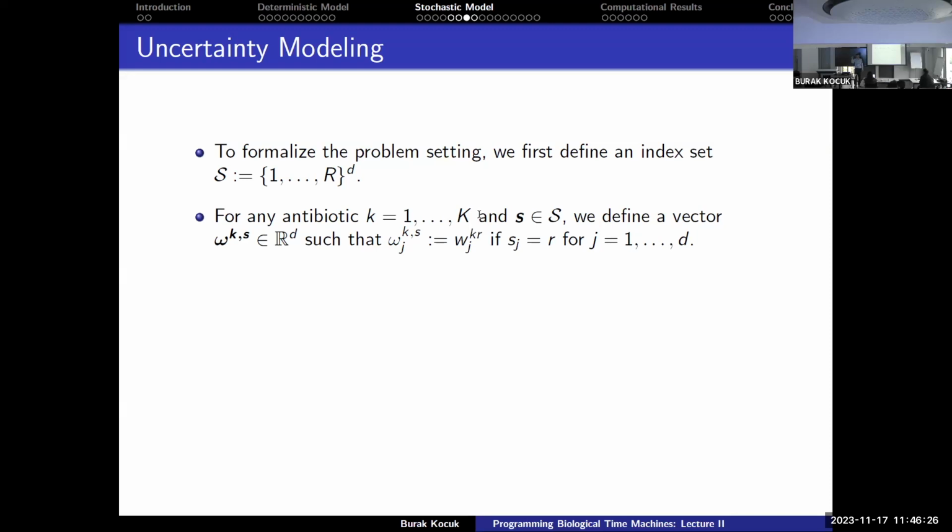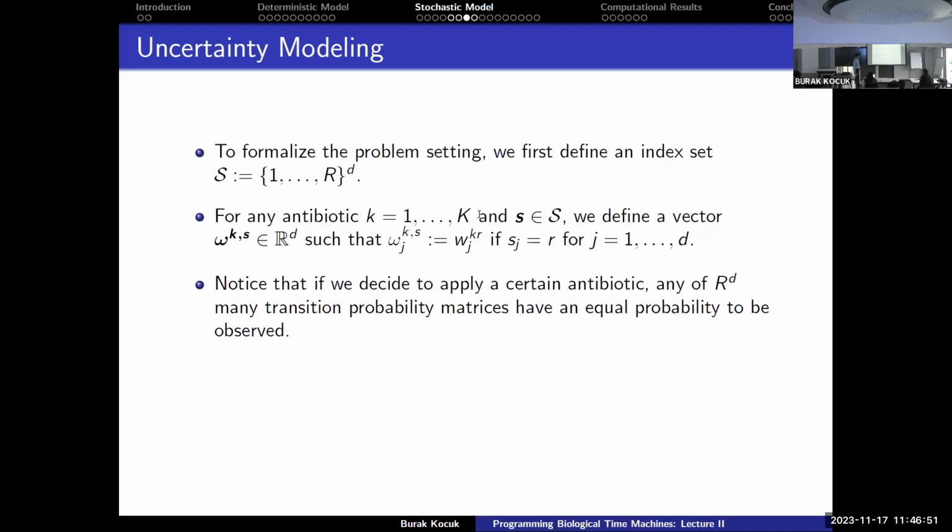For the second genotype, I repeat the same procedure, and so on. This way, you can create these vectors indexed by the antibiotic and S, which is the sample. I will call this a sample vector for the antibiotic. The exact number of samples is R to the power of the number of genotypes, if you have R observations.